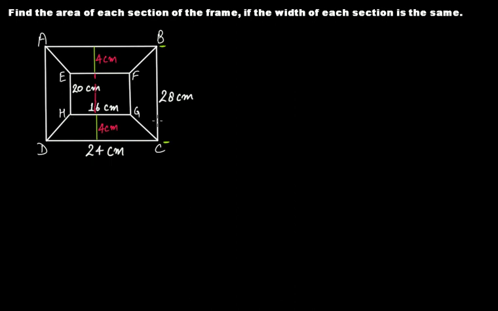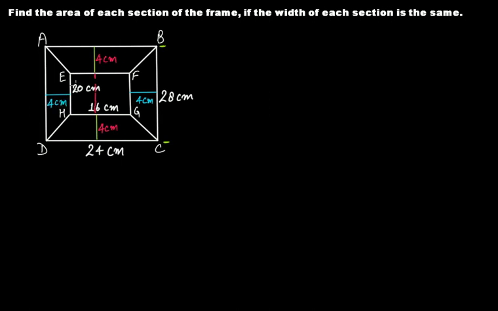Okay. Now, the width is 4 centimeter. All the widths of all the sections are actually what? Same. So this will be 4 centimeter, this will also be 4 centimeter, and this will also be 4 centimeter.